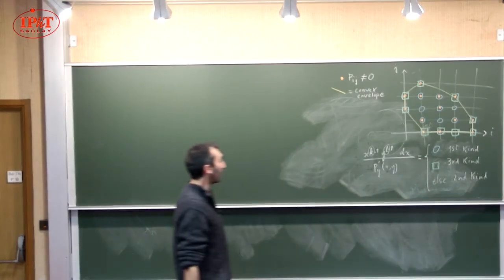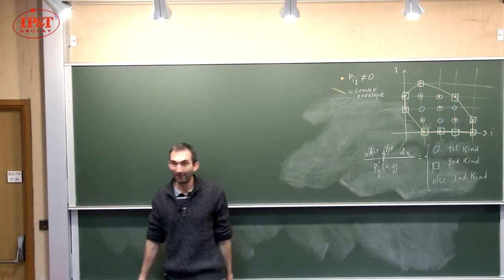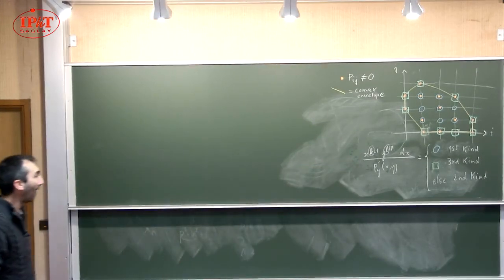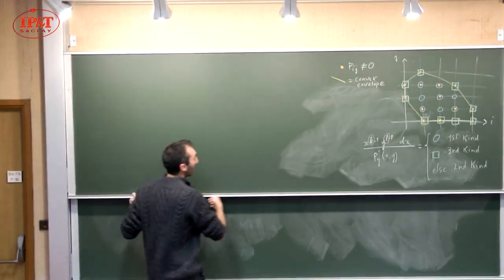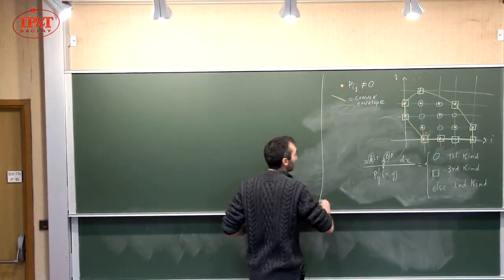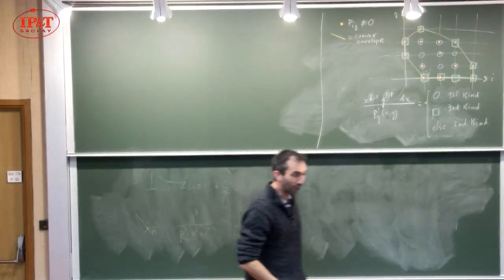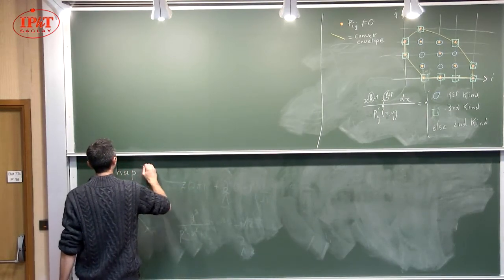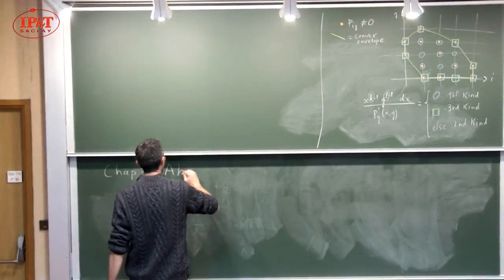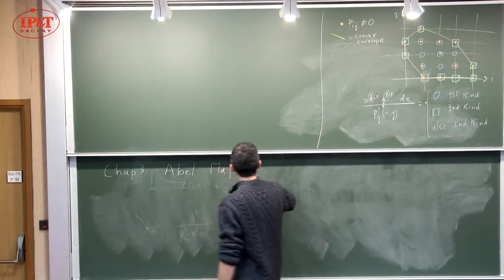So now it remains to know how to compute integrals of such differential forms. How can we compute the integrals of such differential forms? We shall go now to chapter 3, which is about the Abel map and theta functions.